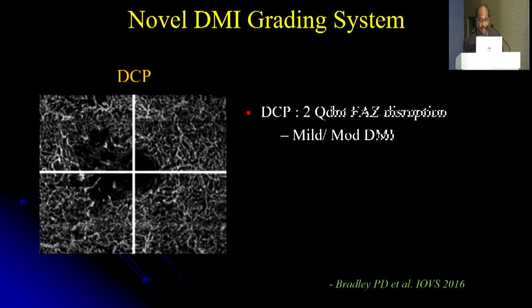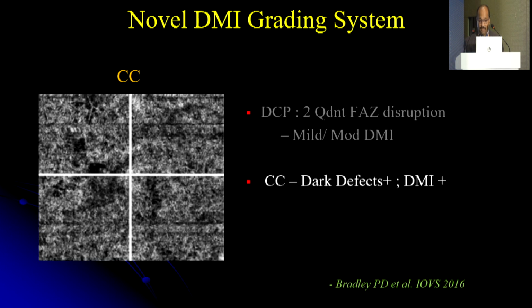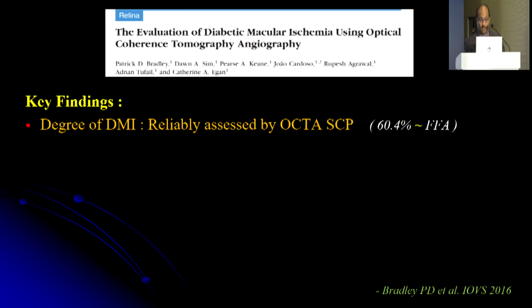So in the DCP, you find there's 2-quadrant FAZ disruption, and according to their classification, this qualifies for mild to moderate DMI at the DCP level. And you see the choriocapillaris is also 4-quadrant, so the DMI is positive because choriocapillaris dark defects are positive. So the key findings were that the degree of diabetic macular ischemia can be reliably assessed by OCTA SCP, and more objectively than FFA.